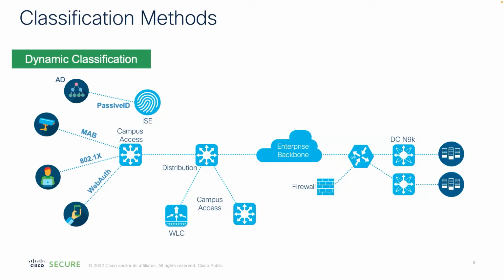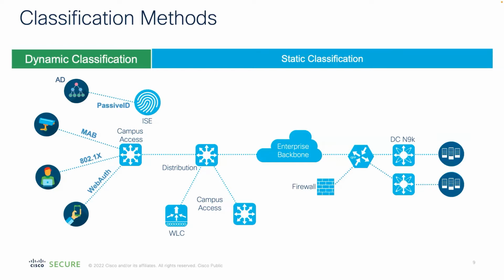We can give full access to that user once we know that it's an employee, and then we can reauth that endpoint and give full access privileges to that user. So we can use passive ID as well. So these are all access methods that we can dynamically assign an SGT to those users or endpoints. So that's dynamic classification.